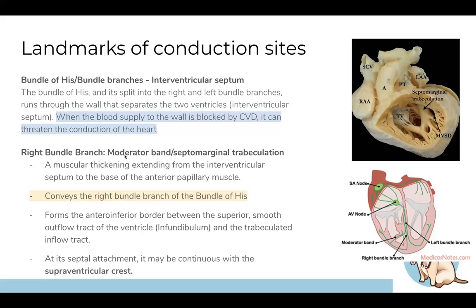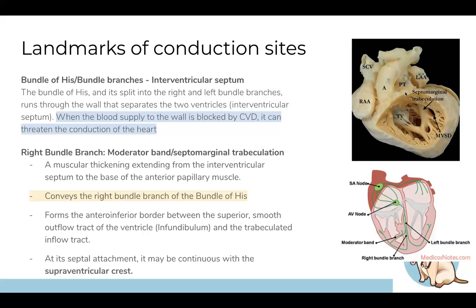Right bundle branch. The right bundle branch is demarcated by the moderator band. It is also sometimes called the septomarginal trabeculation. Trabeculation, if you remember the trabeculae carneae. It's a type of trabeculae carneae. It's called that because it's really part of the heart wall, but a particular thickened part of it.